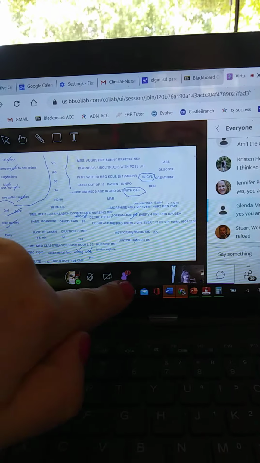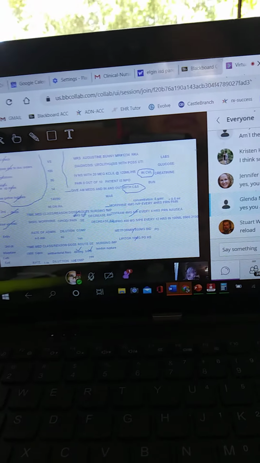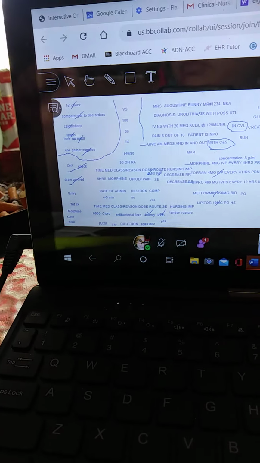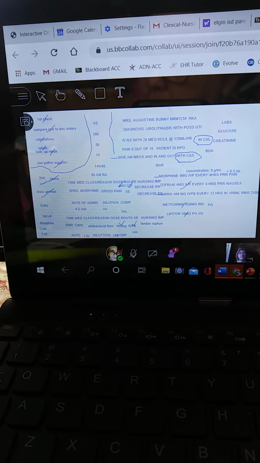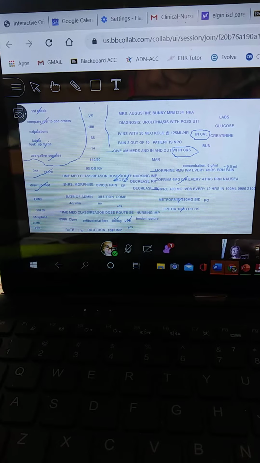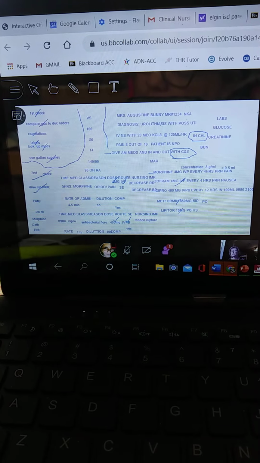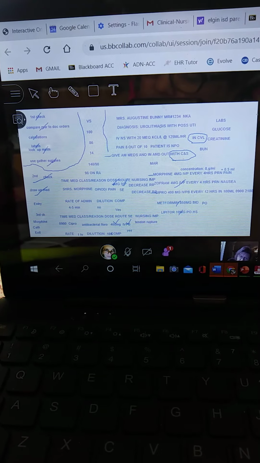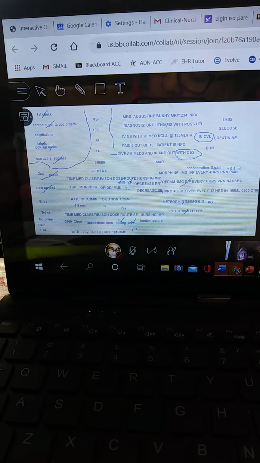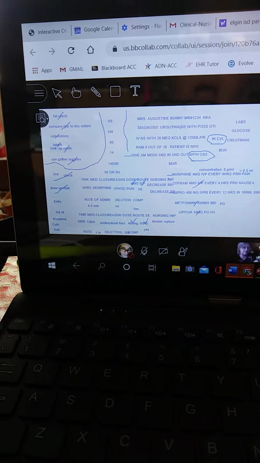So, I'm giving the morphine now. I've checked the respirations. They're greater than what? 12. So make sure you know your limits there. Okay. So this is where this also gets to be tricky. If you want to use the bunny, this will help you a little bit to do that.